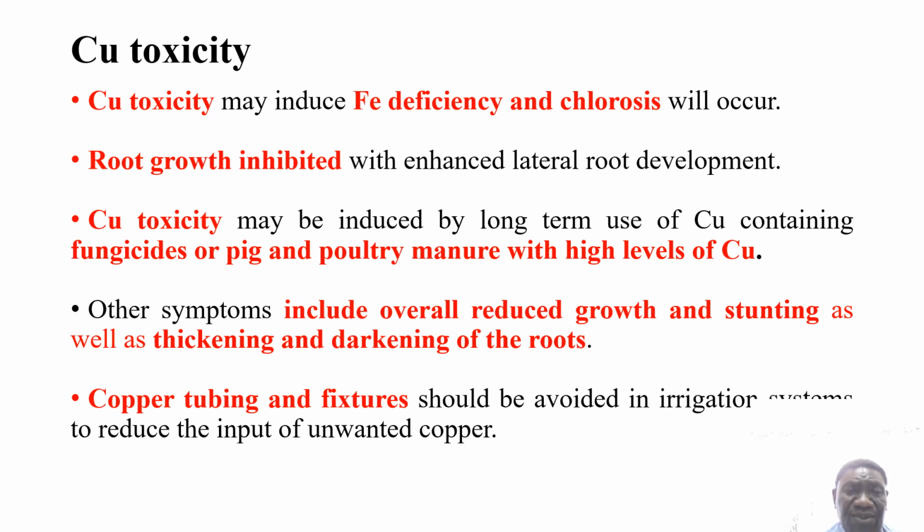Other symptoms include overall reduced growth and stunting, as well as thickening and darkening of the roots. Copper tubing and fixtures should be avoided in irrigation equipment to reduce the input of unwanted copper.